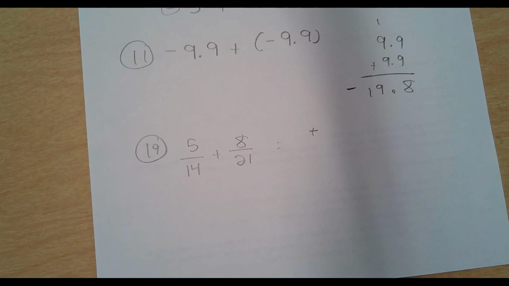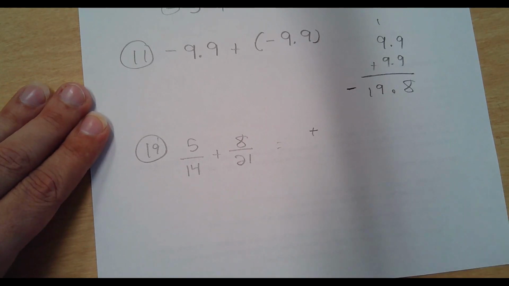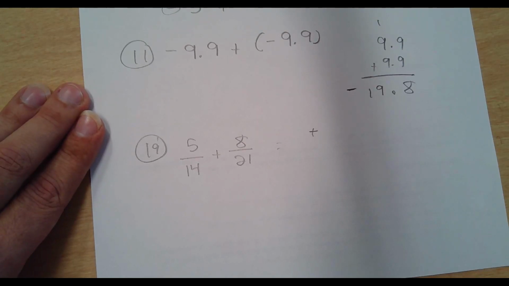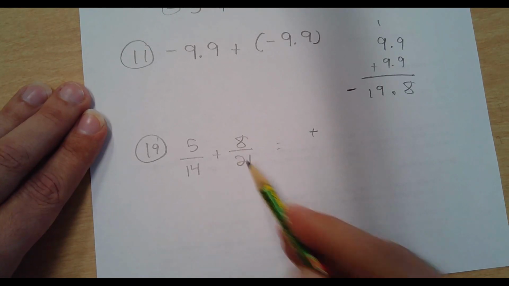Exactly right. We need to get equivalent fractions that have the same denominator. So both of these fractions need to be rewritten. What is my least common denominator between 14 and 21? 7. Least common multiple, that's the greatest common factor. 21. 14 doesn't go into 21.